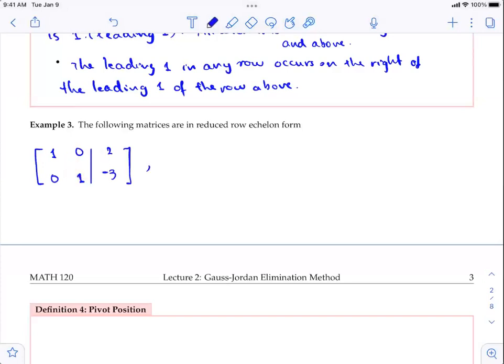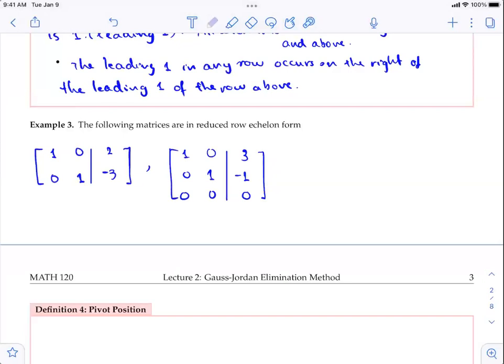There's another example that we can play around with. This is 1, 0, 0, 1, 0, 0, then a big vertical line, 3, -1, 0. This is the reduced row echelon form again. This matrix satisfies the first condition, that is, the row of 0s is at the bottom of the matrix.